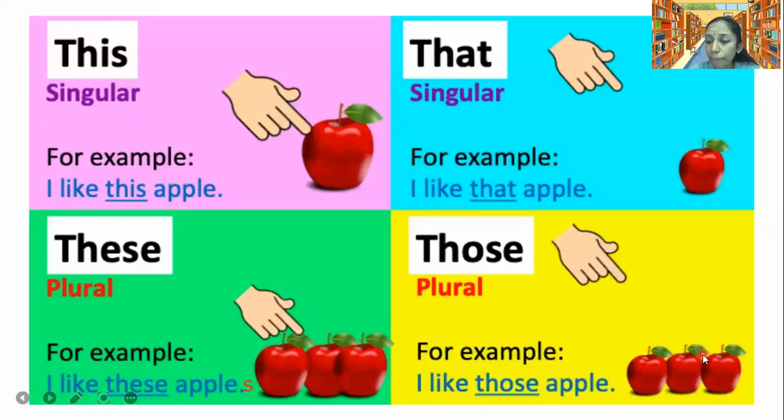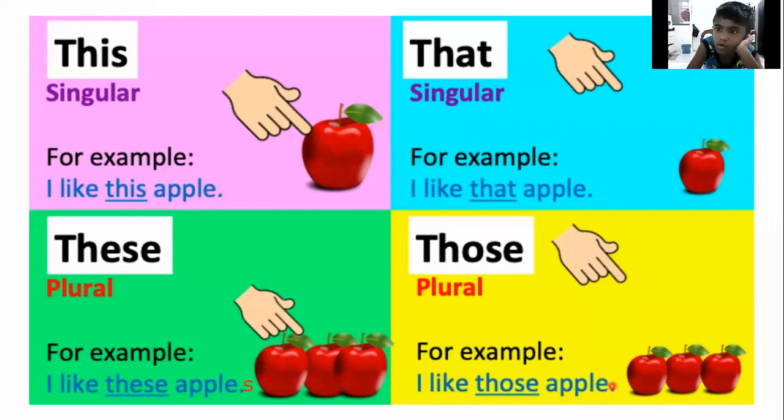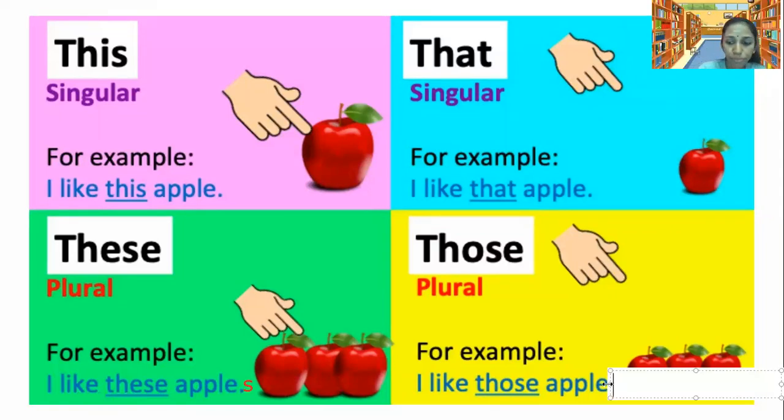So the sentence here says, I like those apple. Is this sentence correct? No. What is the mistake here? It's supposed to be apples, right? Yes, because there are more than one apples, so we need to add S at the back.